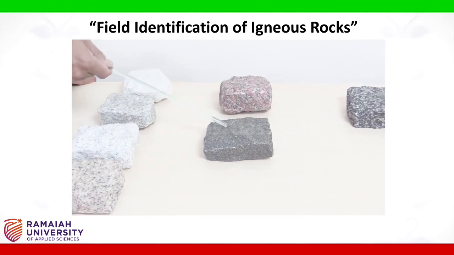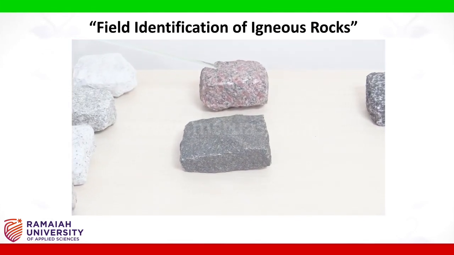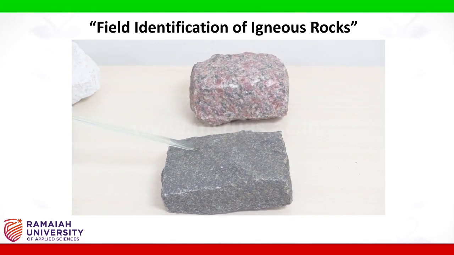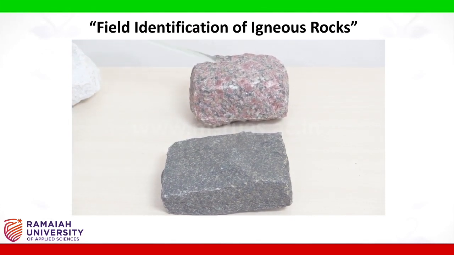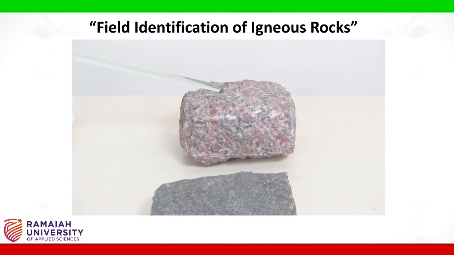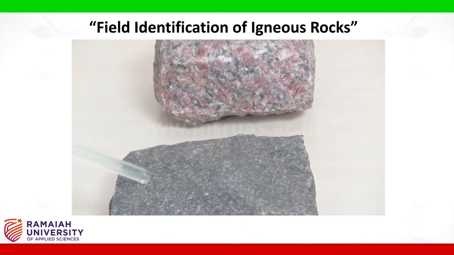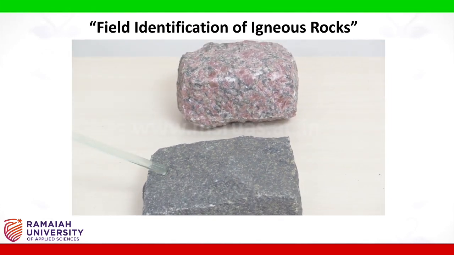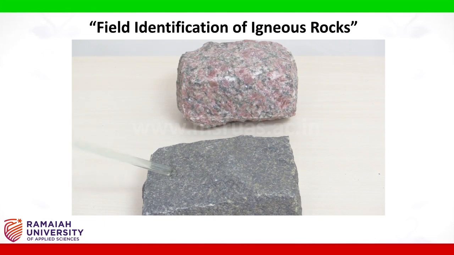These two rock types come under the category of intermediate igneous rock type. They are basically granodiorite rock, but with a different grain size and varying percentages of light colored and dark colored minerals.